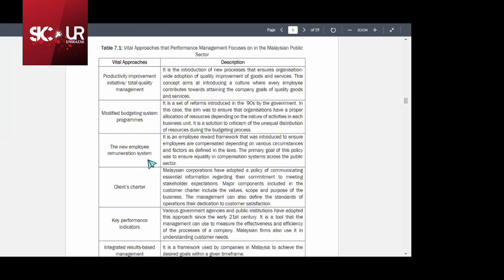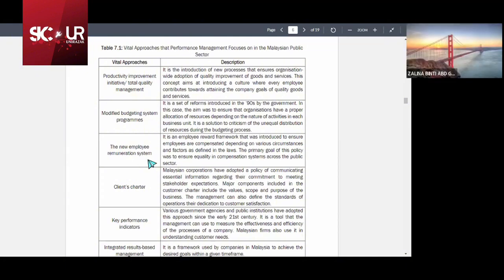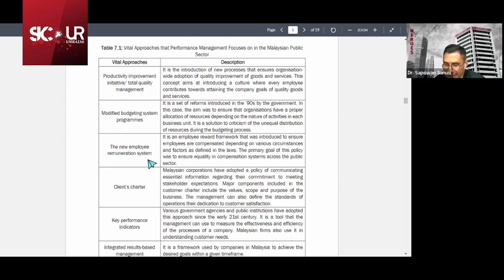Bukan. Madani? Bukan. Pelan penstrukturan gaji kaki tangan awam.